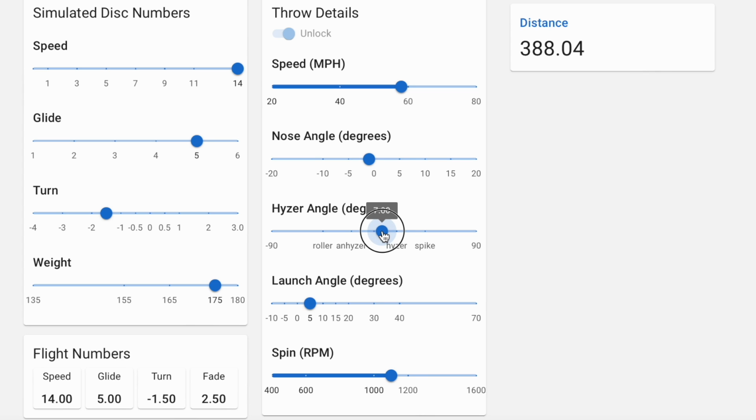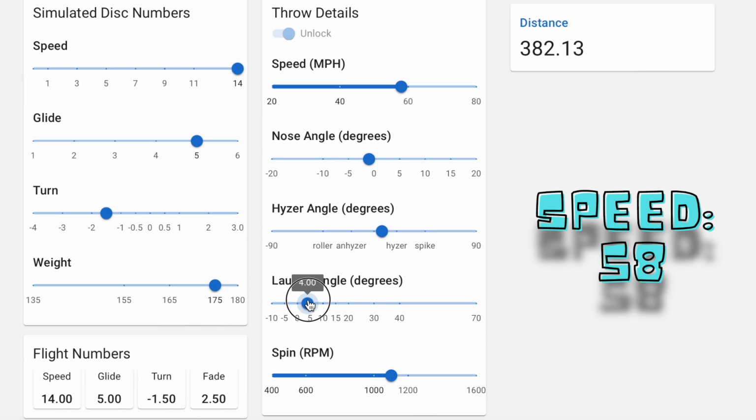The only problem here is that for the exact shot we're looking at right now, my speed was at 44. So my arm speed needs to be way higher. So I put it at 58. And that's pretty much my goal, to reach 58 arm speed.